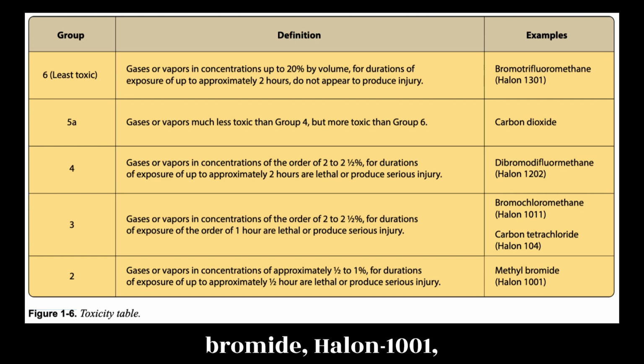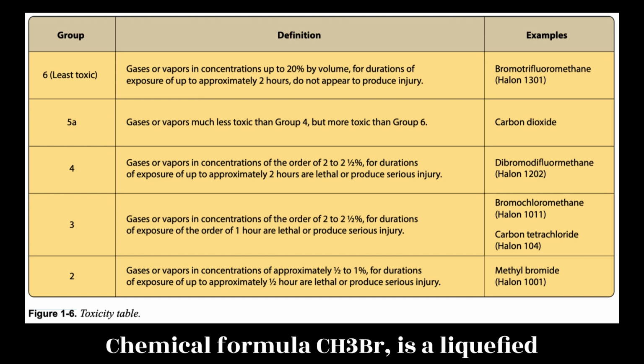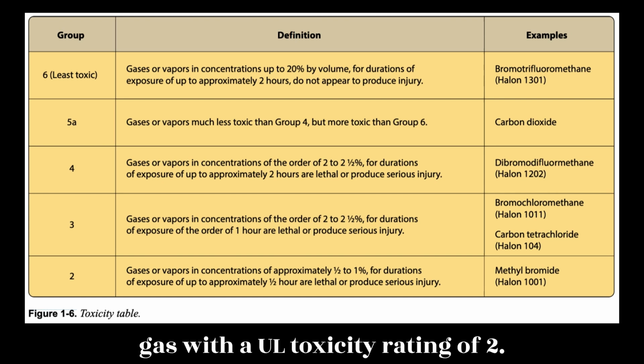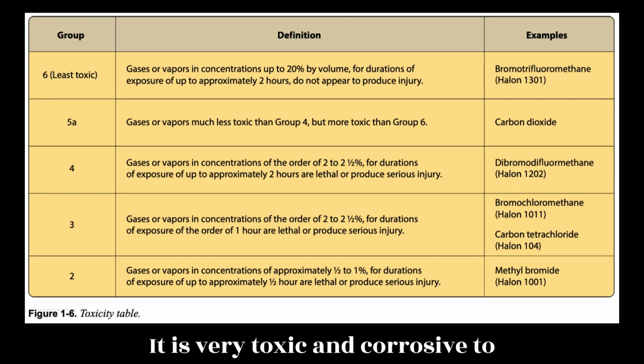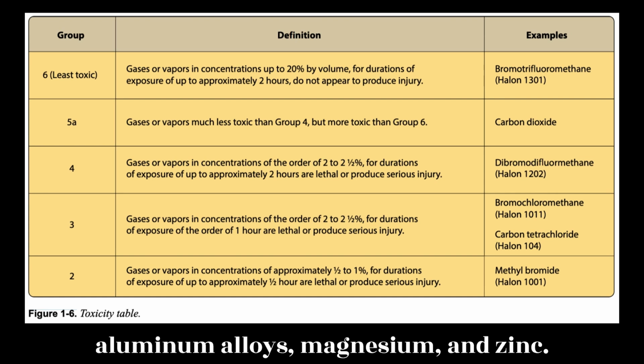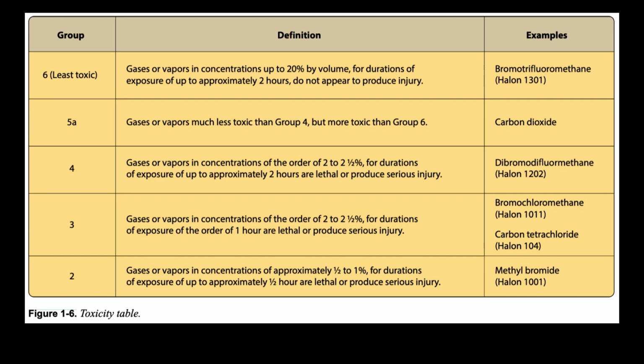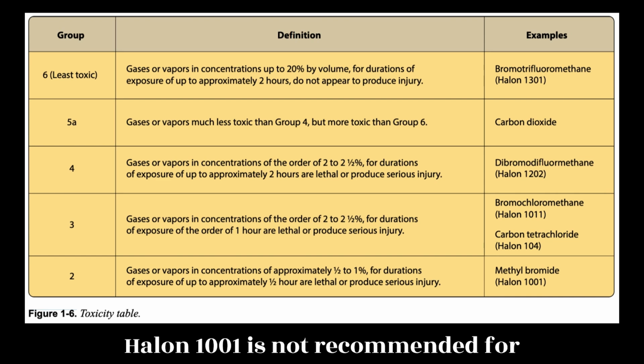Methyl bromide, halon 1001, chemical formula CH3Br, is a liquefied gas with a UL toxicity rating of 2. It is very toxic and corrosive to aluminum alloys, magnesium, and zinc. Halon 1001 is not recommended for aircraft use.